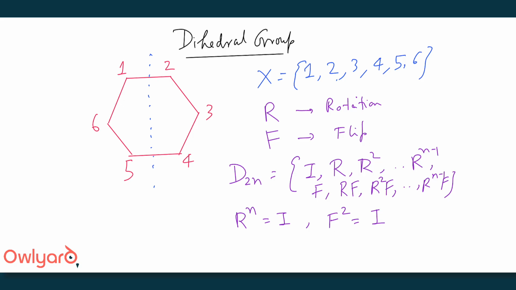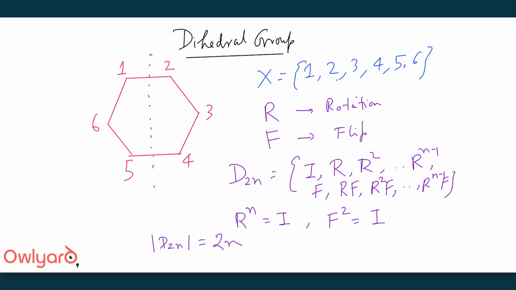Now, notice that the number of elements in D_2n is actually 2n. So the order of the dihedral group D_2n equals 2n. This is clearly a subgroup, because at the end of the day this is a permutation group, and any permutation group has to be a subgroup of the group of all permutations, which is the symmetric group.